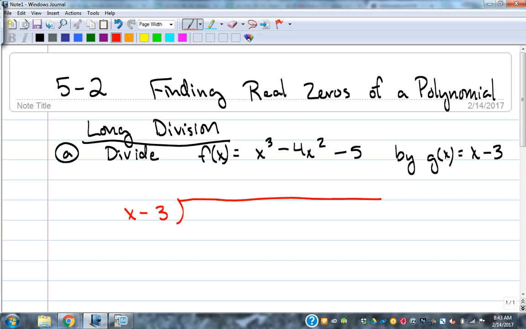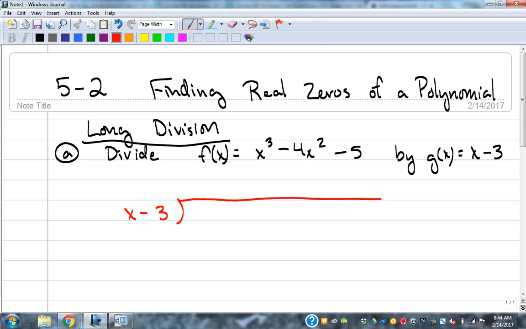One of the important parts of this, anytime you're doing either synthetic or long division, is that you have to have a representative from the highest power on down for both outside and inside. Highest power on the outside is degree of 1, so there's degree of 1, degree of 0. So that one's taken care of. When we look at f of x, we got cubed, squared, and then nothing.